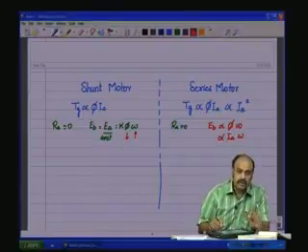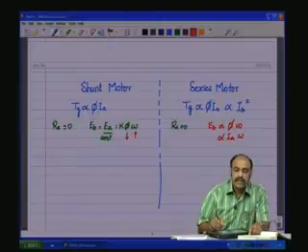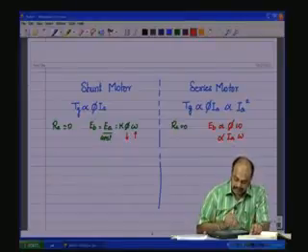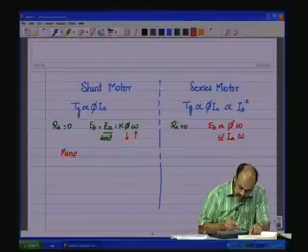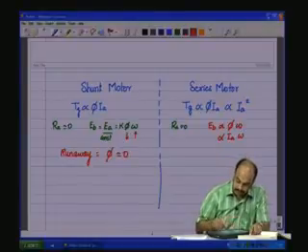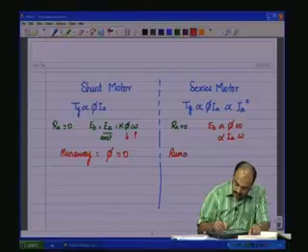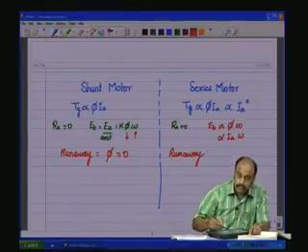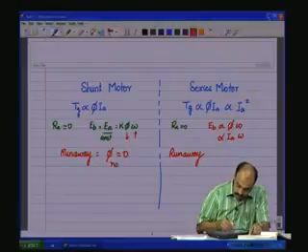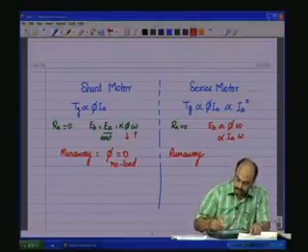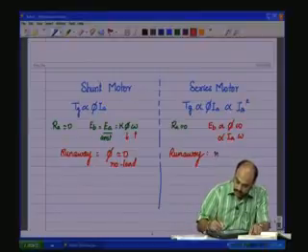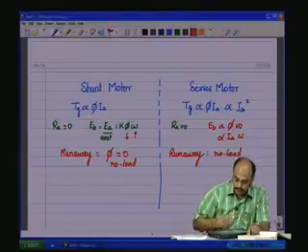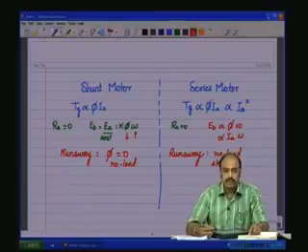In the series motor, the runaway condition would be no load startup of the motor, where you apply the armature voltage Ea.